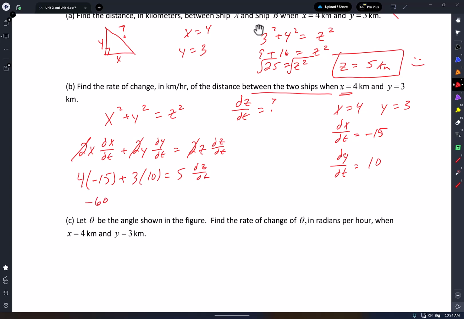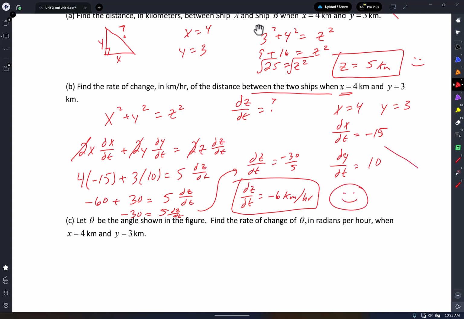So negative 60 plus 30 equals 5 dz/dt. So that means negative 30 equals 5 dz/dt. And if I divide by 5, dz/dt equals negative 30 divided by 5. So I believe that is 6. 5, 10, 15, 20, 25, 30. Yep. dz/dt equals negative 6, and the units are kilometers per hour.